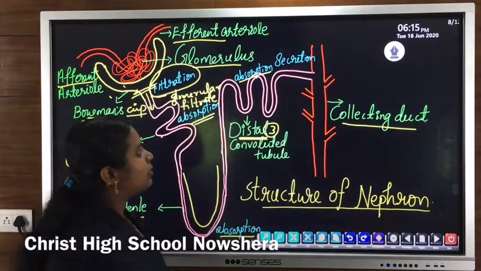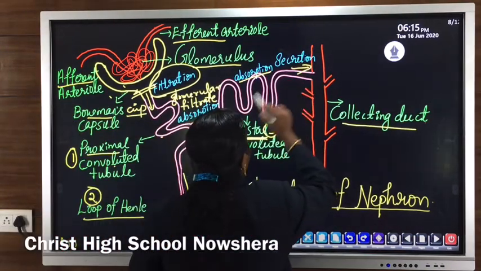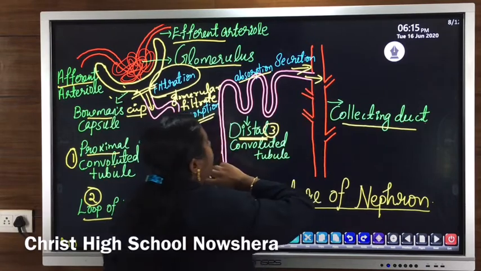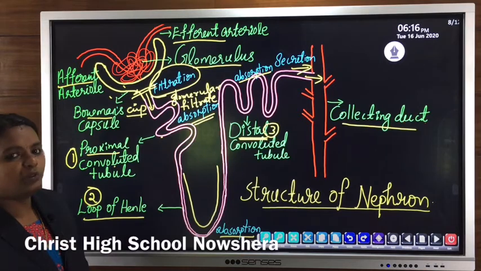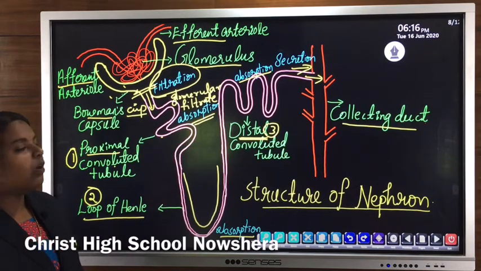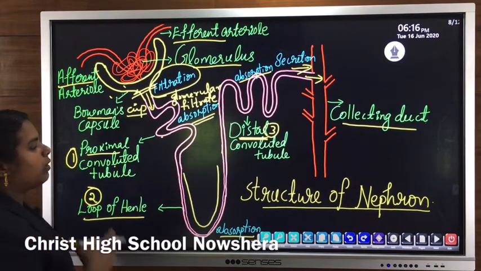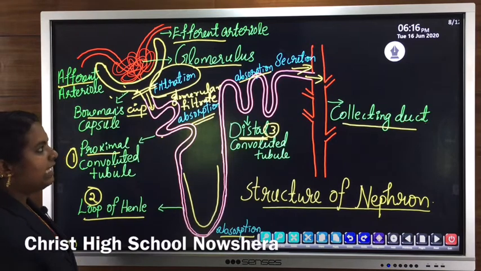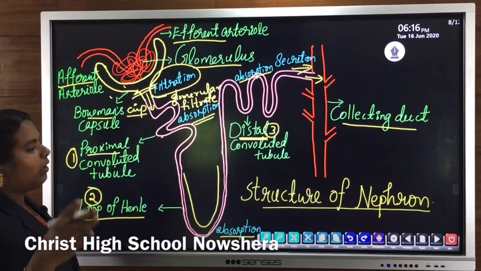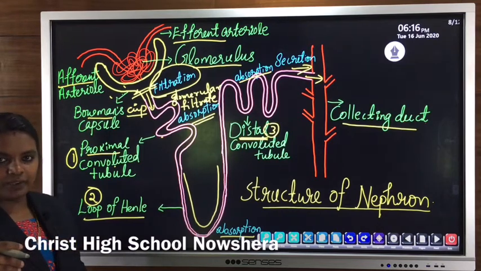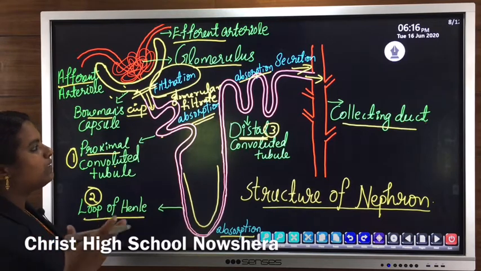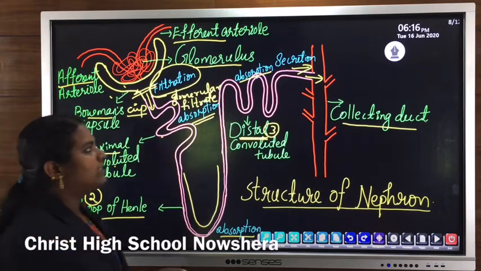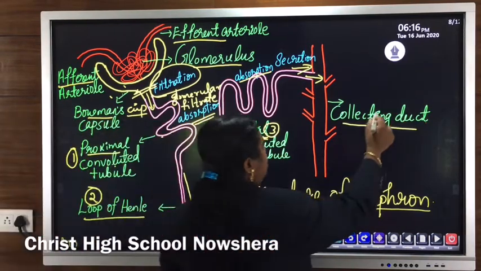Then the secretion process takes place from this part. After the absorption of useful substances, the unwanted substances like urea, creatinine and other harmful or toxic substances are secreted out to the collecting duct.